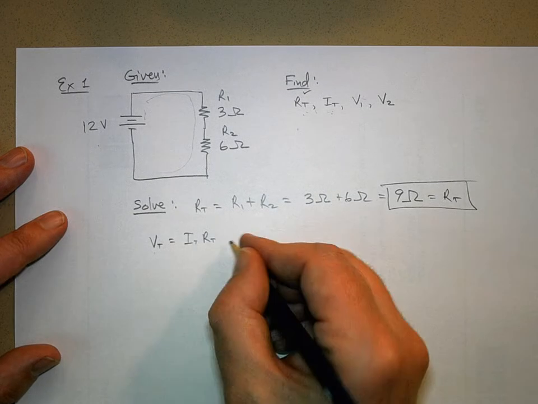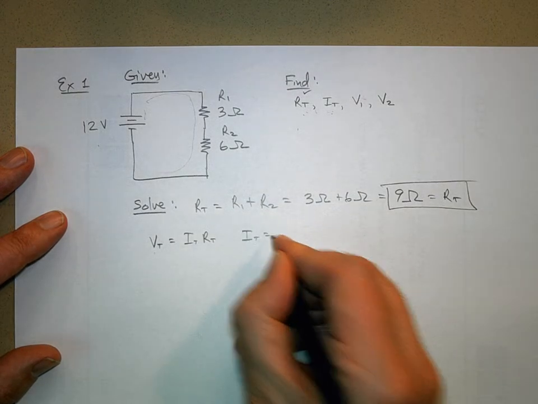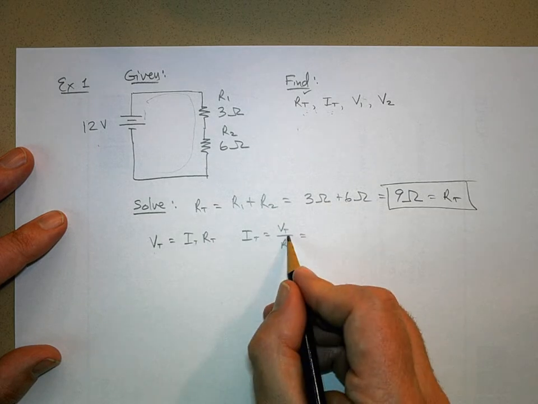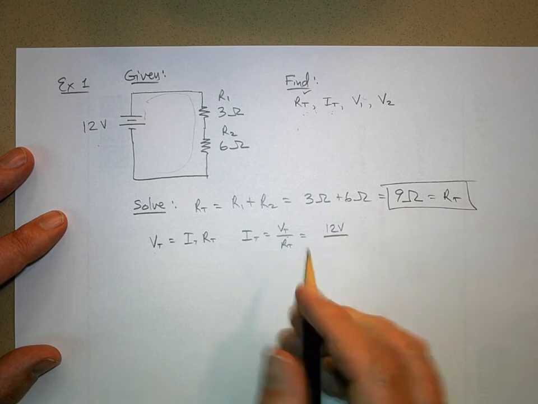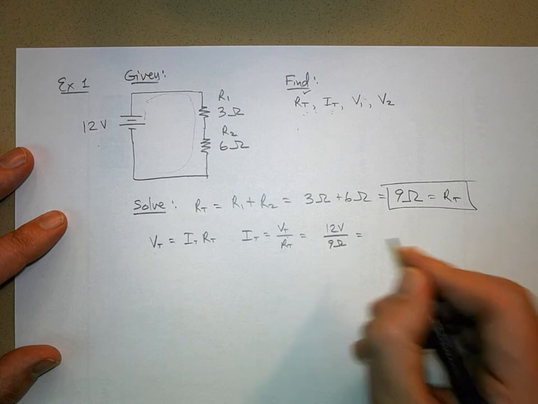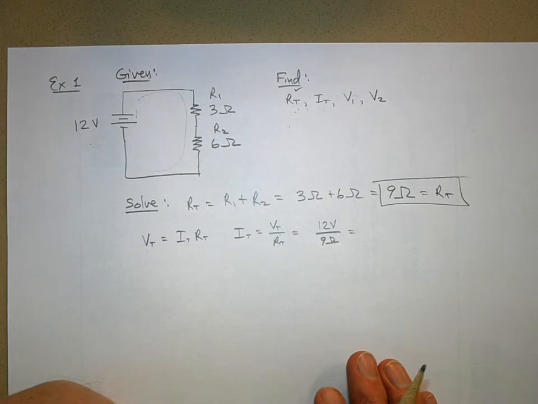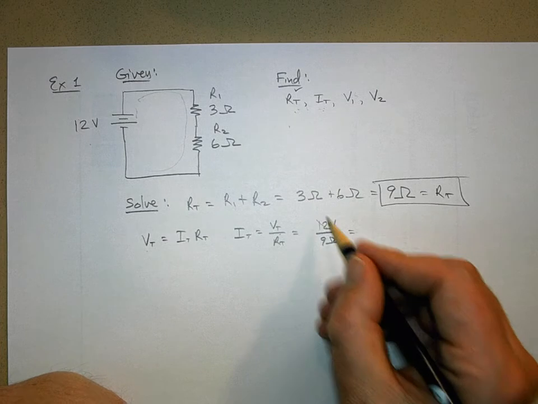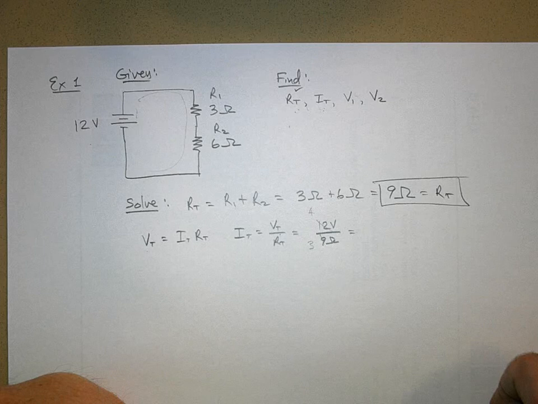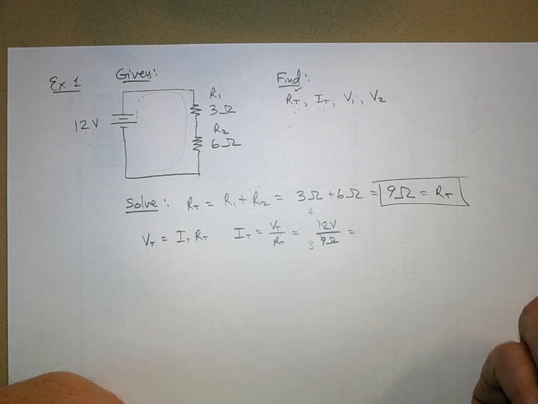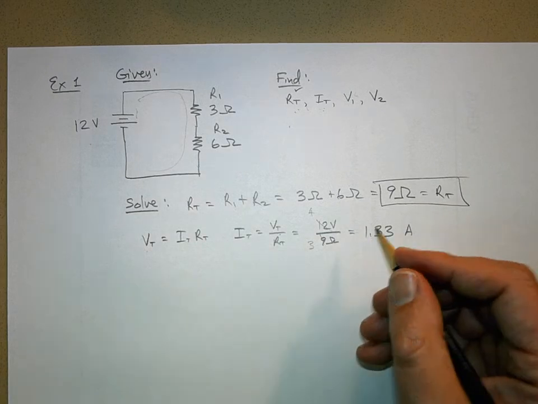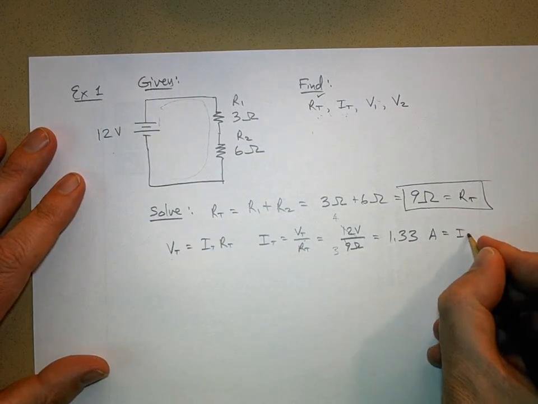Well, this says I sub t is equal to V sub t over R sub t. So the total voltage is 12 volts. The total resistance is 9 ohms. So what is 12 divided by 9? Well, that's 4 divided by 3, which is 1 1/3. Pay attention, stay with me. Or 1.33 amps. That's the total current. Got it.